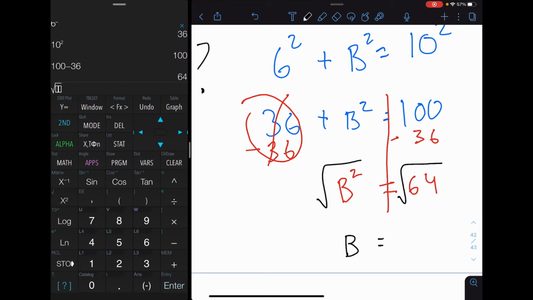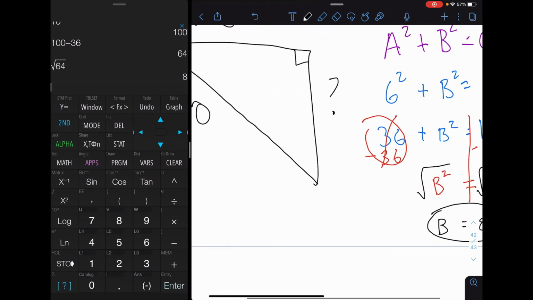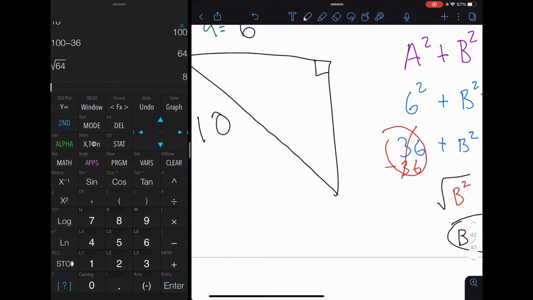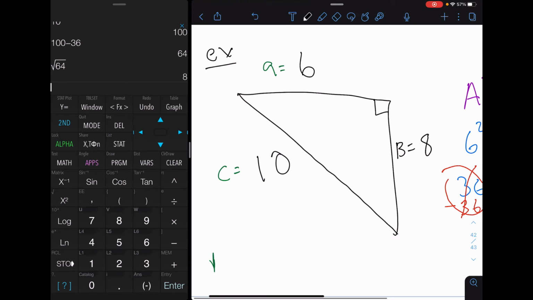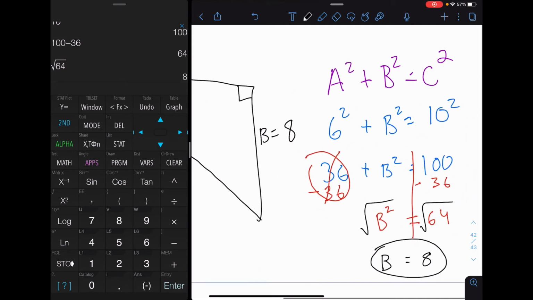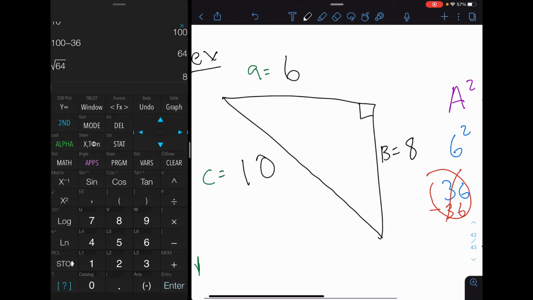Second square root, 64, and my answer is 8. So here, b equals 8. This is how to find A and B. Esta práctica es para encontrar la A o la B.